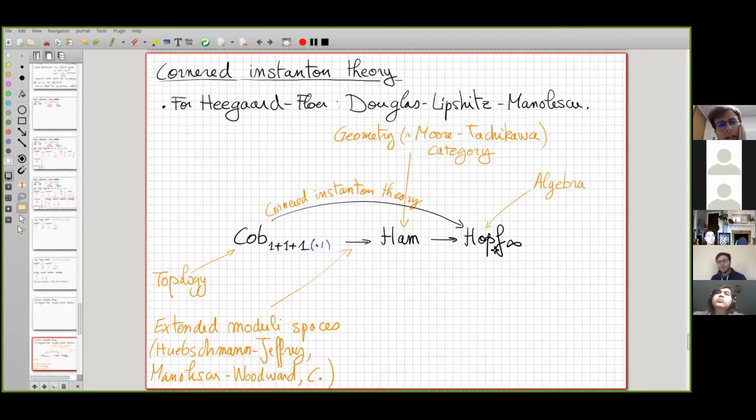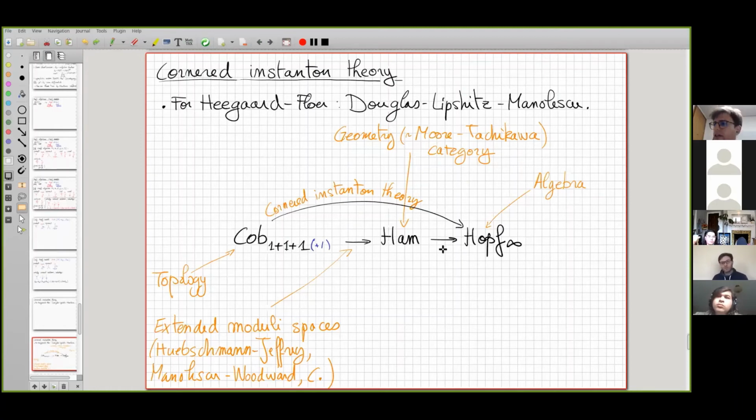Then cornered instanton theory should be obtained by composing these two functors. So I'd like to give you an idea of what we have in mind and how we could construct this functor that sends symplectic geometry to algebra.